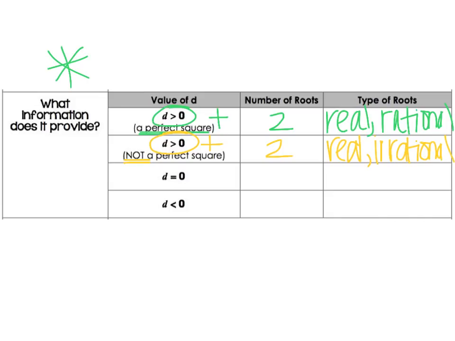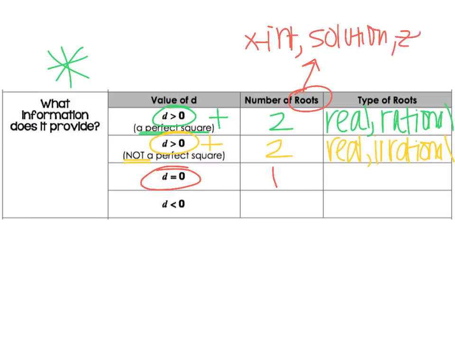Now, if we find the discriminant and it equals 0, that tells us that there's going to be 1 root, and just a reminder, root is the same thing as x-intercept, solution, zero, all different names for roots, right? Roots are where it crosses the x-axis. That's our solution.